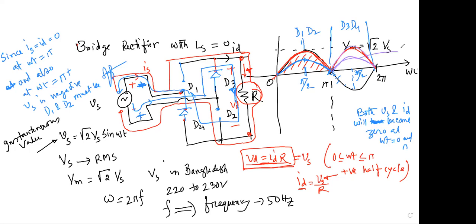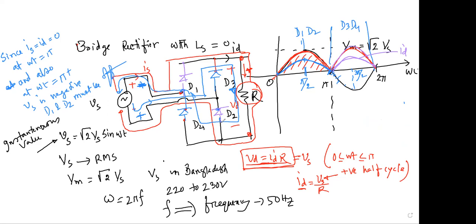This is the ID, right? What about the IS? What about your IS? When the current was flowing through your D1 and D2, this is your D1 and this is your D2.